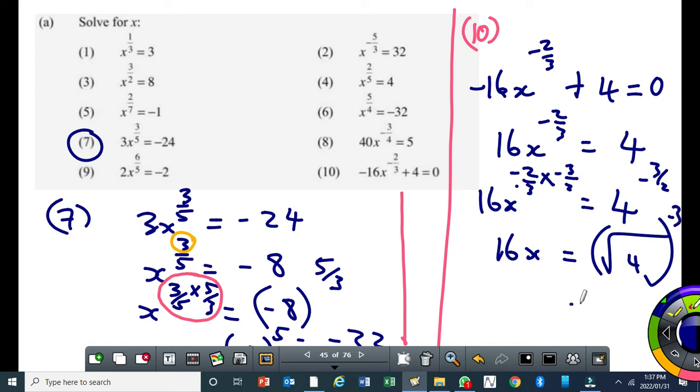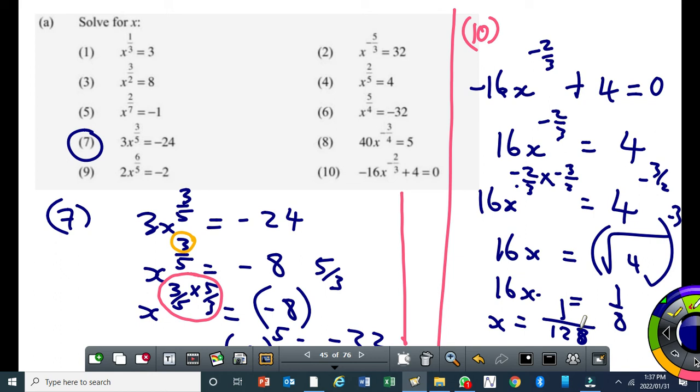So, I'll end up getting what there? 2 to the power of negative 3, which is what? 1 over 8. So, you end up getting 1 over 8, and on the left hand side, you've got 16x. So, your x is going to be 1 over 16 times 8 is what? 10 times 8, that's 80. 6 times 8, that's 48. So add the 2, you get 120. So it will be 1 over 128.